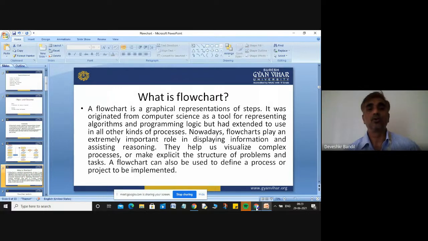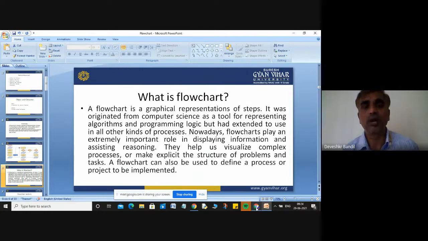The main purpose of your flowchart is the graphical representation of your algorithm and your programming logic. Your flowchart is a tool through which you show all the instructions of your algorithm in a graphical representation. Flowcharts play an extremely important role in displaying information and assisting reasoning. They help us visualize complex processes or make explicit the structure of problems.